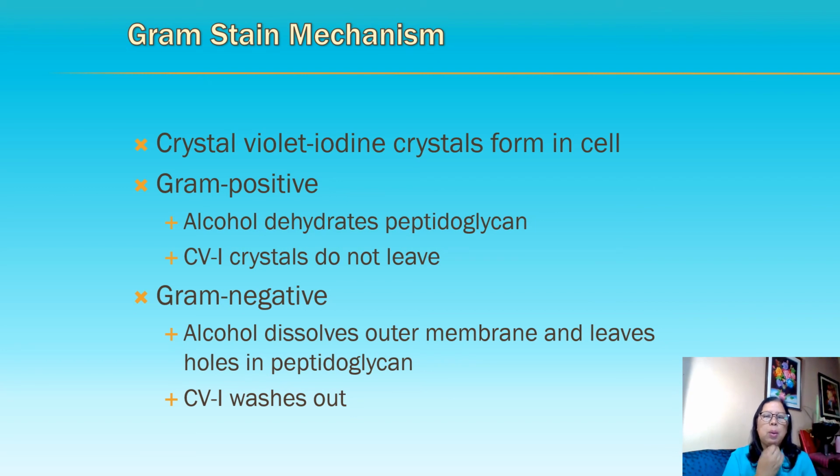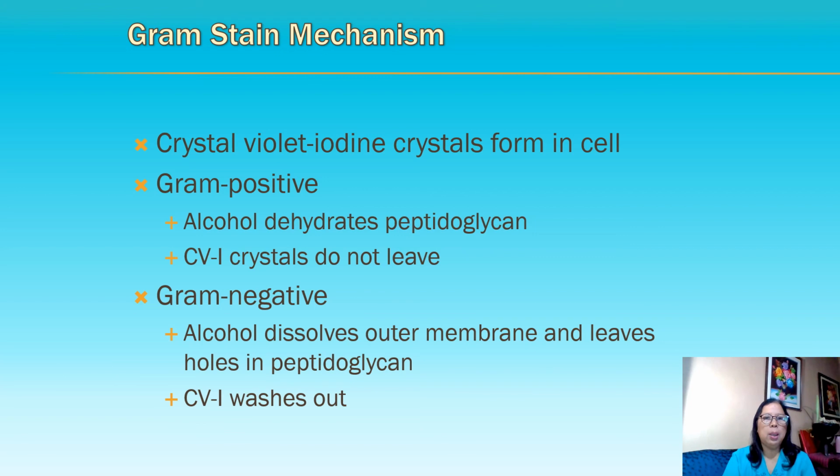Okay, in the laboratory, we will apply the gram stain mechanism. So you will be using some crystal violet and iodine crystals in order to come out with the gram-positive and gram-negative characteristics of these bacteria.